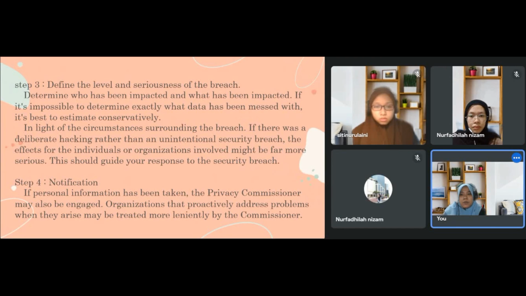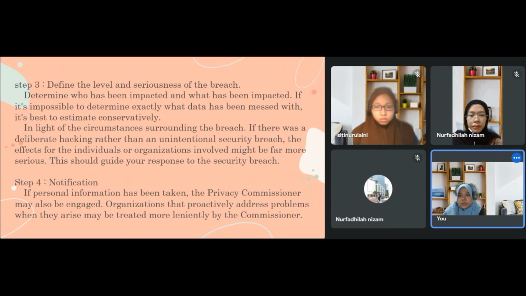If there was deliberate hacking rather than an unintentional security breach, the effect for individuals or organizations involved might be far more serious. This should guide your response to the security breach.